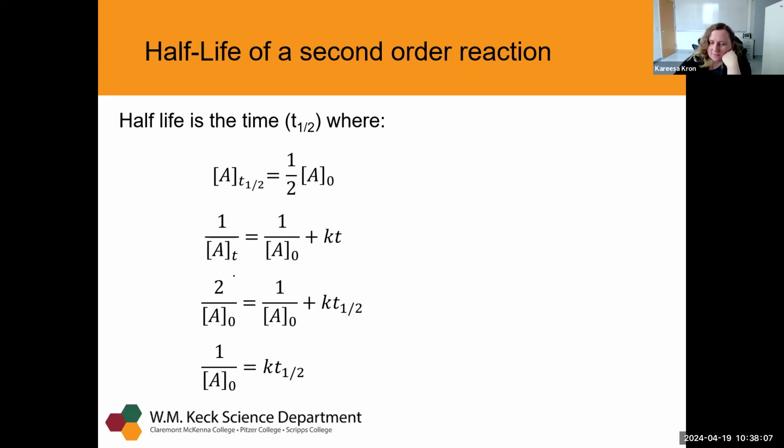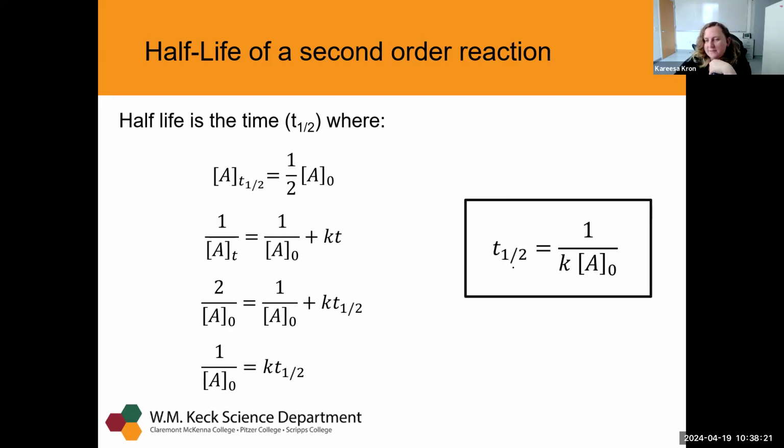And so if I subtract 1 over the initial concentration from both sides, I'm left with 1 over the initial concentration is equal to k times the half-life. And so all I have to do is divide by k again, and I get that the half-life for a second order reaction is equal to 1 over k times the initial concentration.